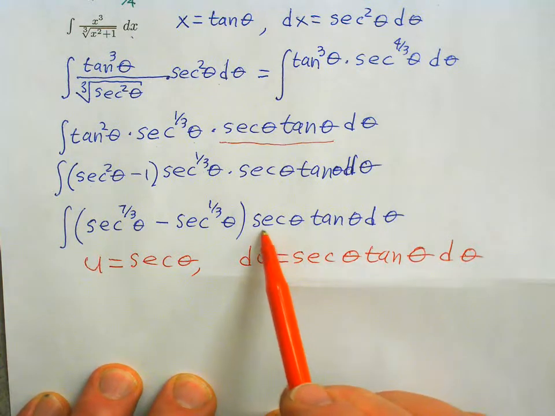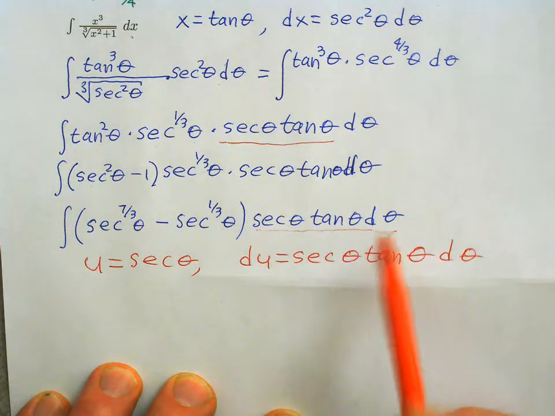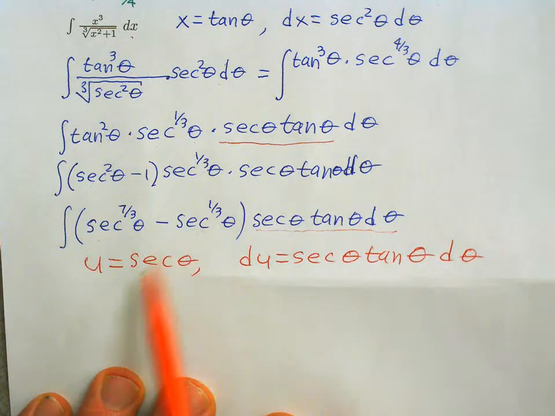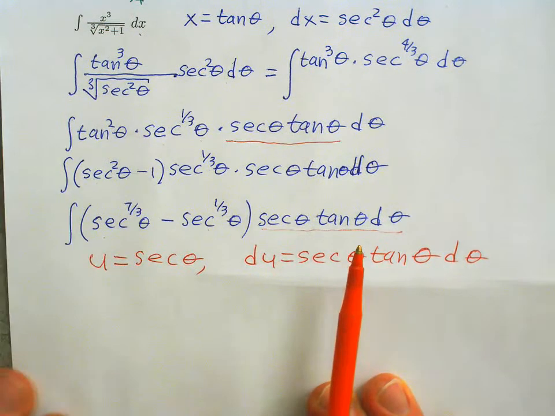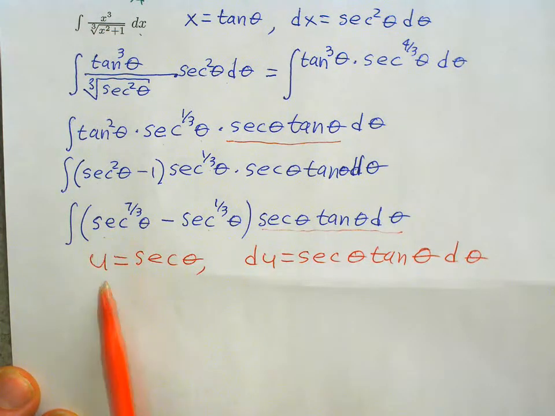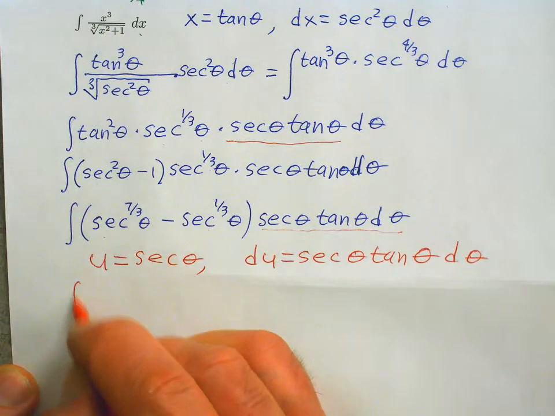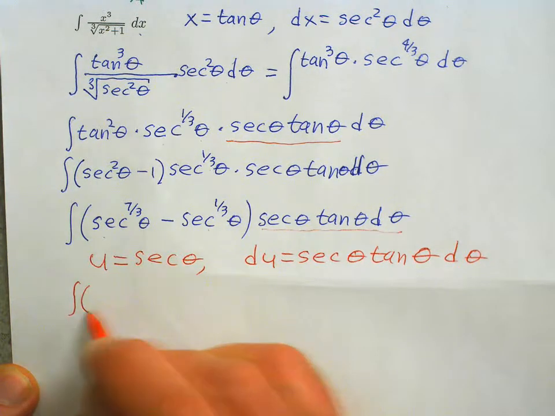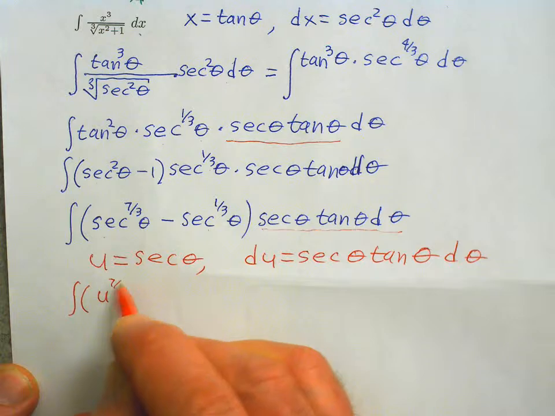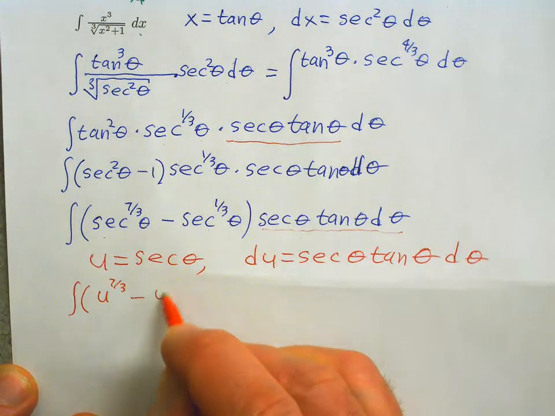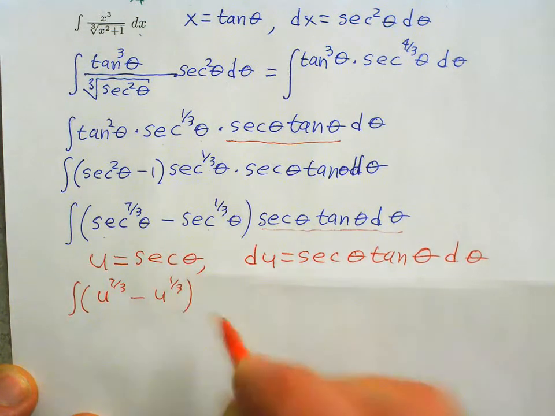So we see that in the integrand we have du, and the other terms are going to be expressed in terms of u. So our integral then becomes u to the 7/3 minus u to the 1/3 du.